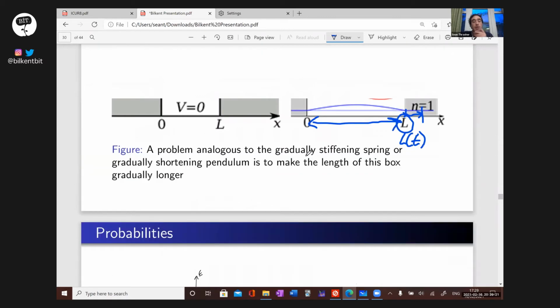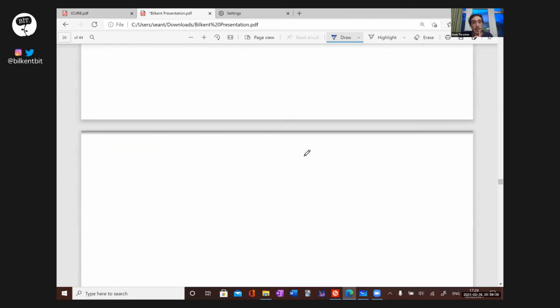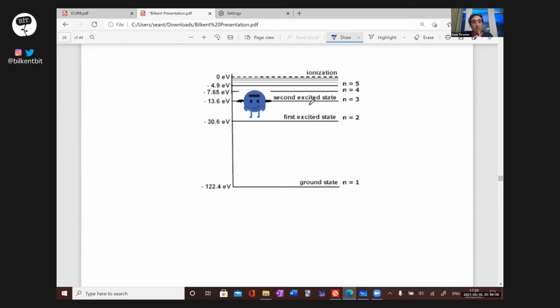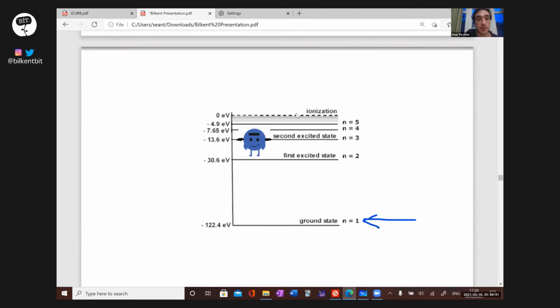So a second thing that quantum mechanics tells us is that there is no way for you to know beforehand what energy level you'd find the electron in. The best you can do is give probabilities. The best you can do is say how likely it would be that if you were to measure the energy level, you'd find it here, how likely it is that you'd find it here, and so on and so forth.